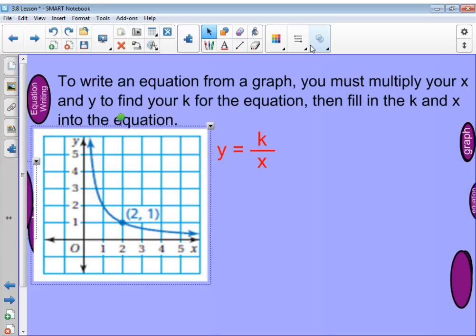Okay, so you can go ahead and pause your video and work your way through this, rewriting your equation into that y equals whatever you find out k is over x. Pause your video now and work through it.